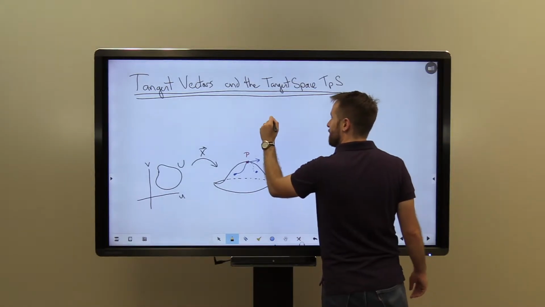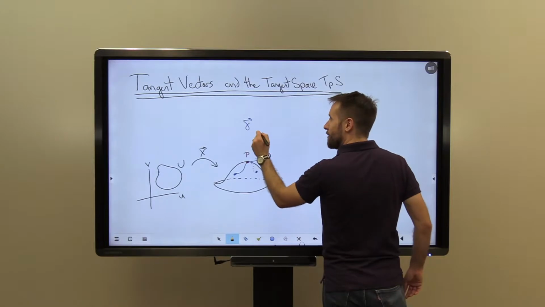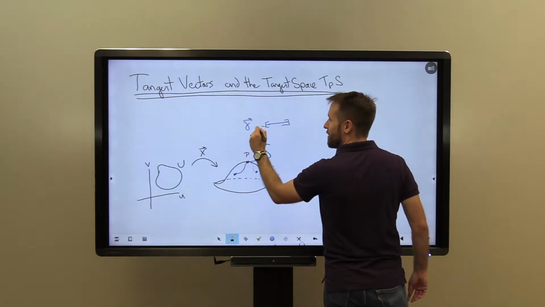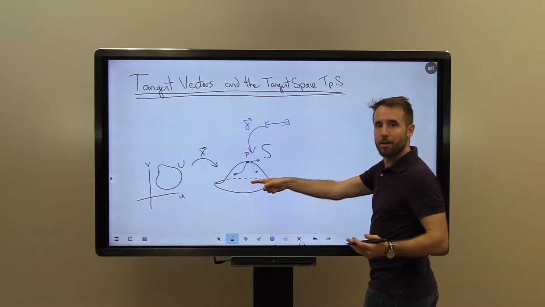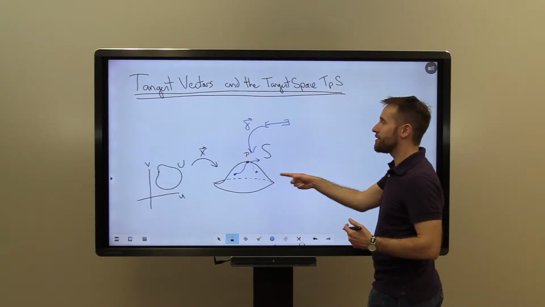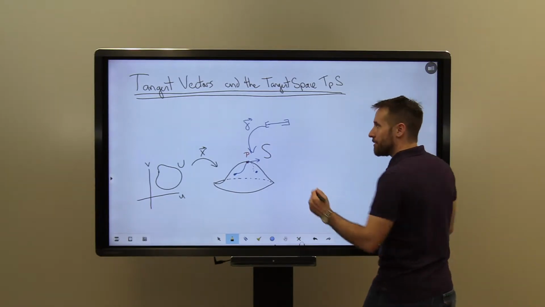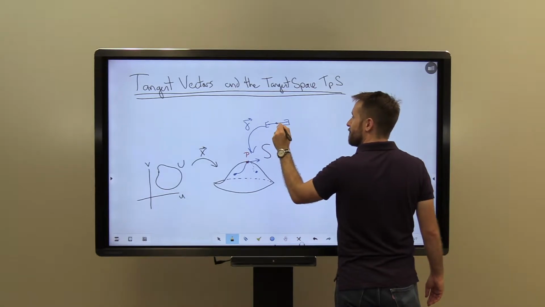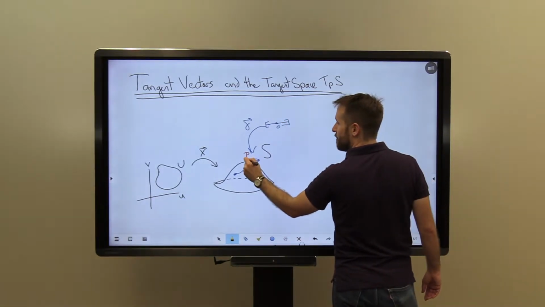So if I define a parameterized curve gamma, and gamma will take an interval, so here's my interval up to the endpoints, and then gamma will map this interval onto a curve, and specifically the curve on the surface here. Then I can find a curve for which I define maybe this point in time is 0, and I define gamma of 0 to equal p.